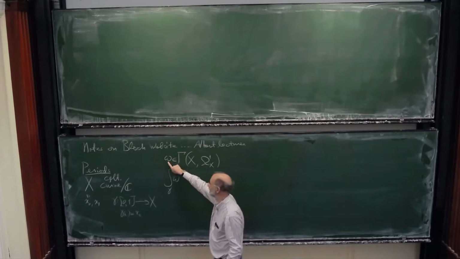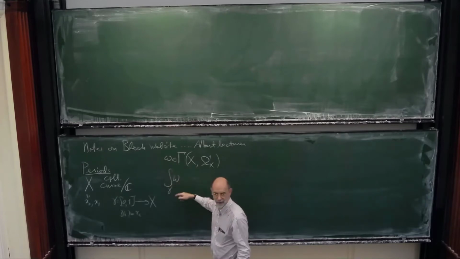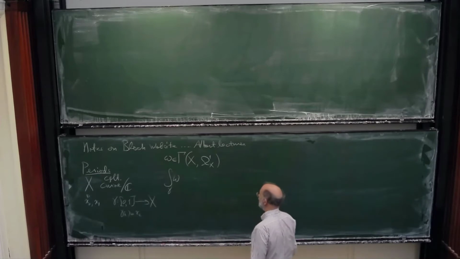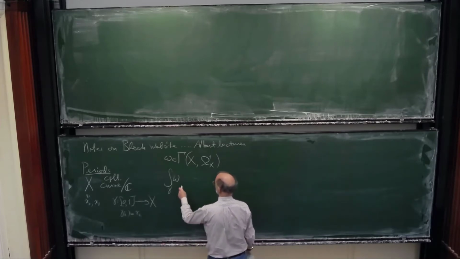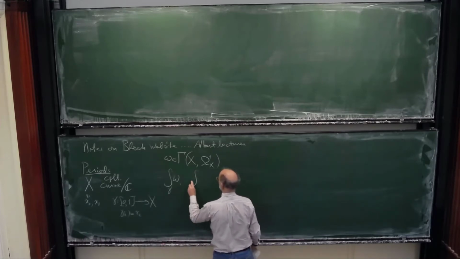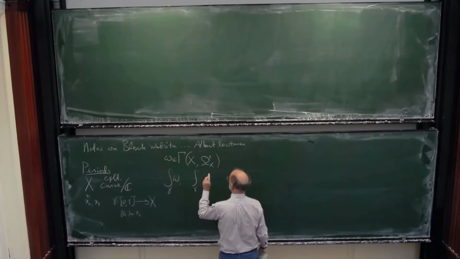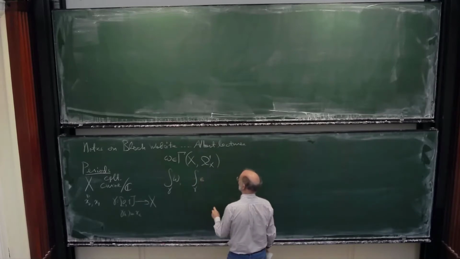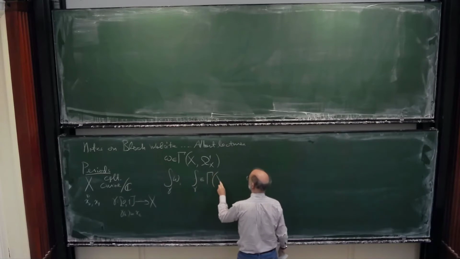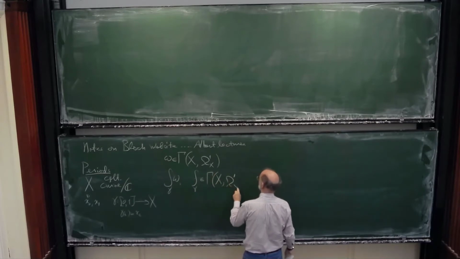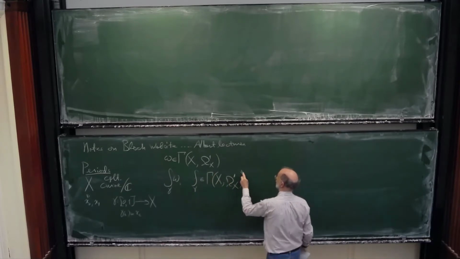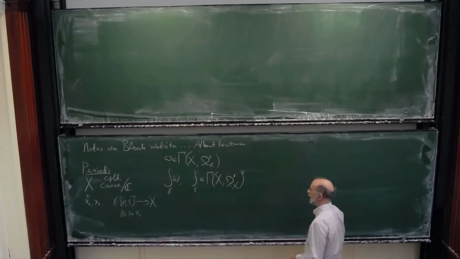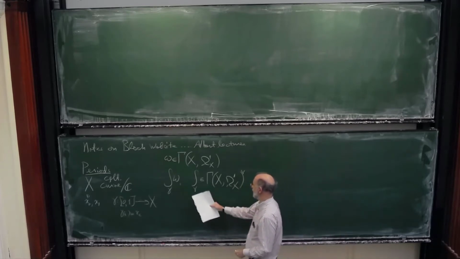I can scale omega by any complex number I want and make my period anything I want. So that's not a very interesting game to play. But we can look at integration as a functional, an element in the dual, and it's well defined.